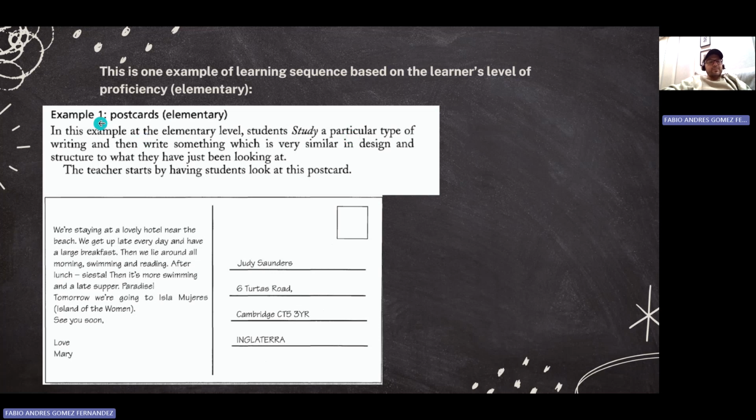So this is just an example of making a postcard, and this is, as I said, for elementary level, and we're going to make our students study the particularities of how to write a postcard.